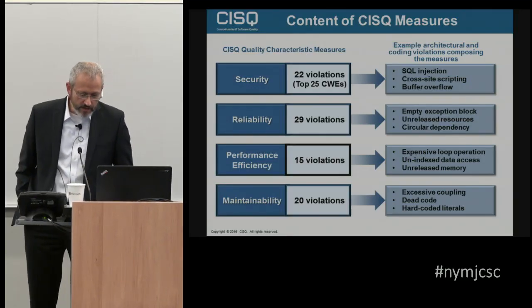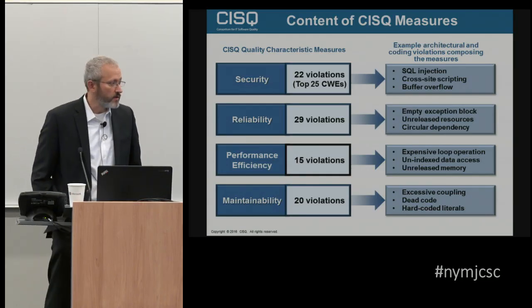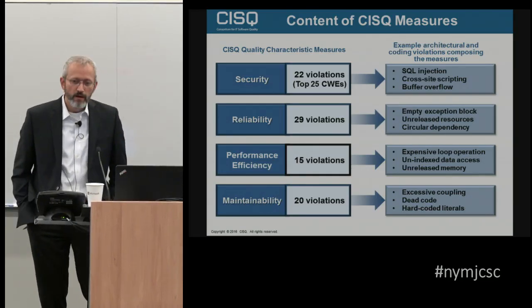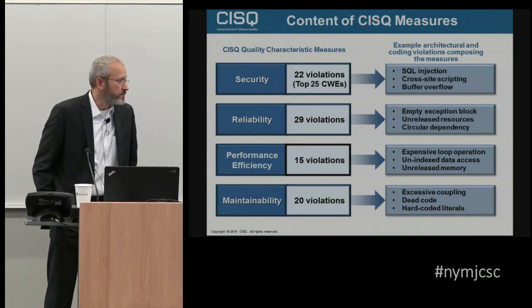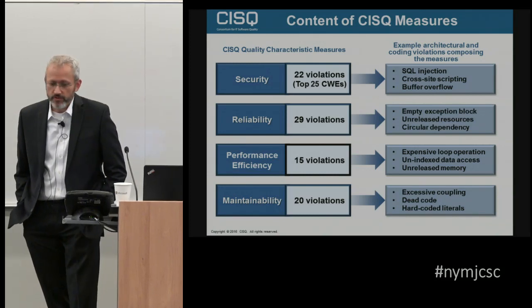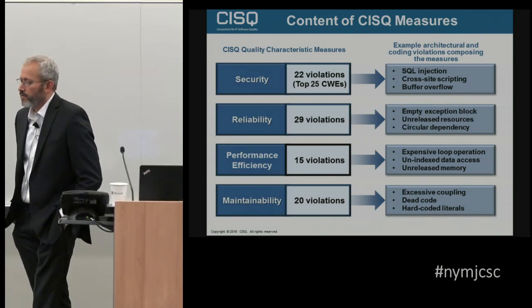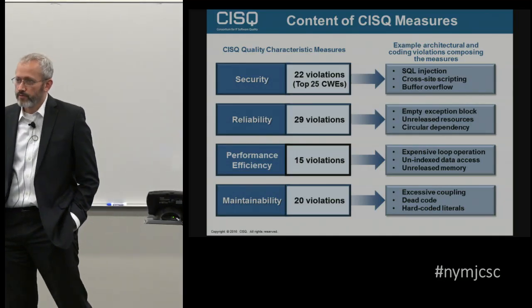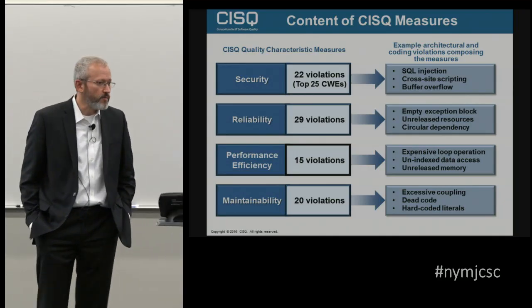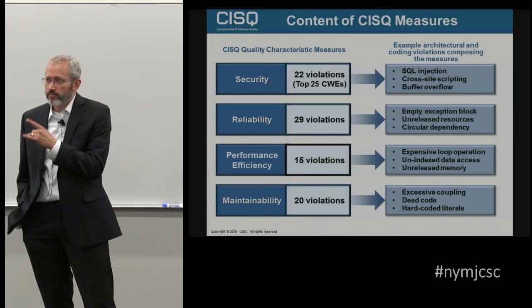So what you see is for each of these characteristics, there's a set of essentially rules or violations that comprise that metric. And so for security, there are 22. And those of you that are familiar with software security probably know the Common Weakness Enumeration that was funded by DHS.